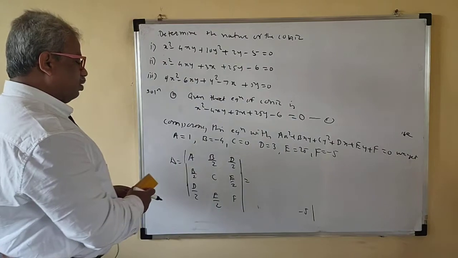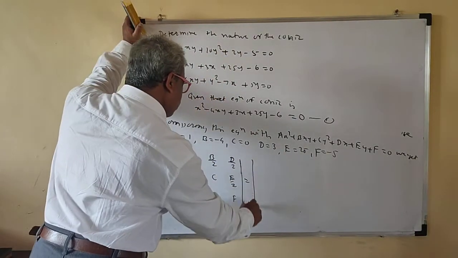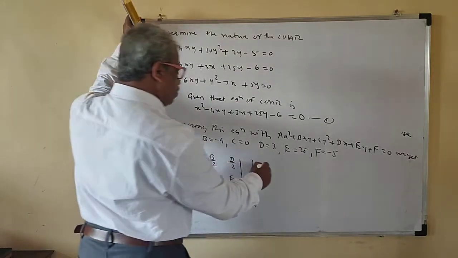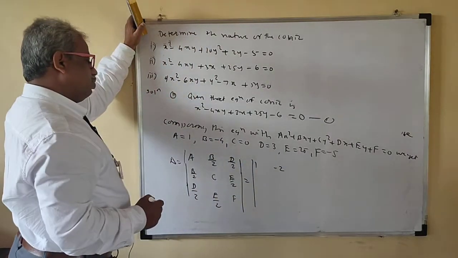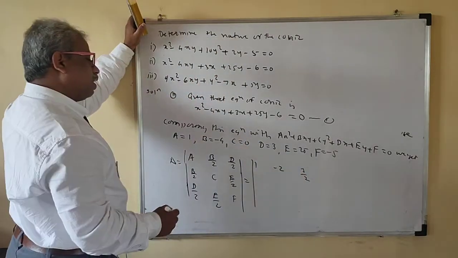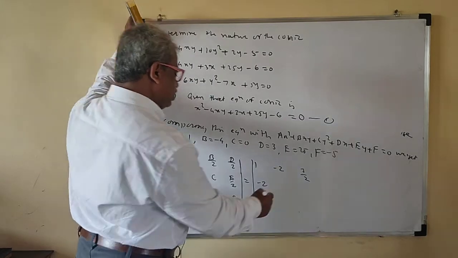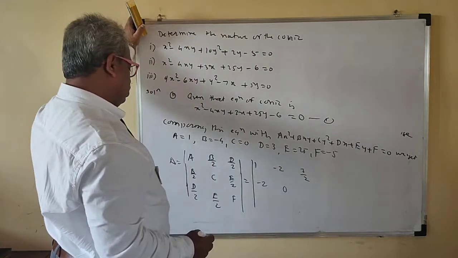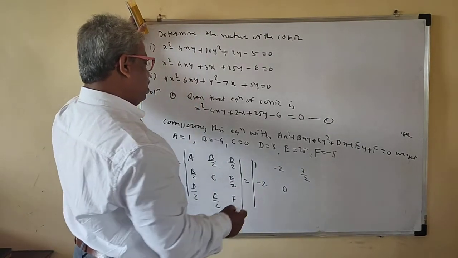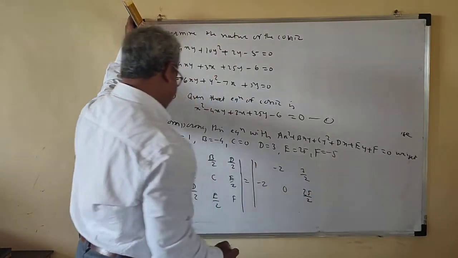So we'll put the values here. a is 1, b is minus 4, so this is minus 2. d is 3 by 2. c is 0. e is 25 by 2.